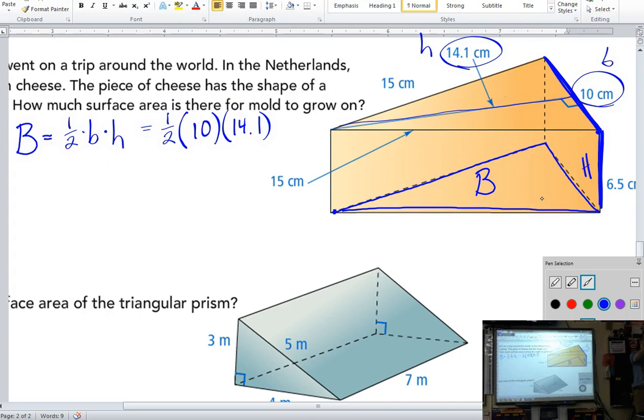I still have base and height, but then I have a new height, so I have to give it a new label. So I can either call it H2 or H of prism, or we just change lowercase to uppercase. That's the easiest way. When you get up into high school, you'll start to use subscripts. So instead of little h and big H, you might say H1 versus H2. These are two different things because this is the first height, that's the second height. We don't use those yet.